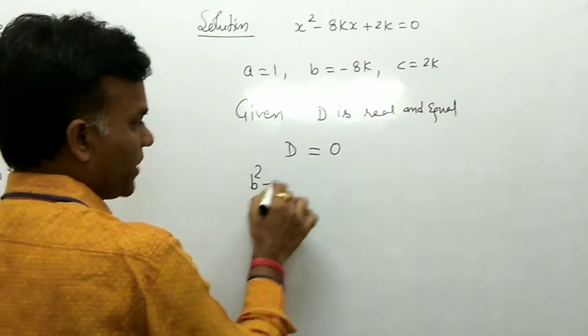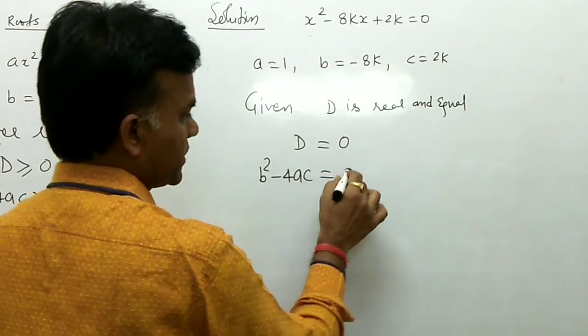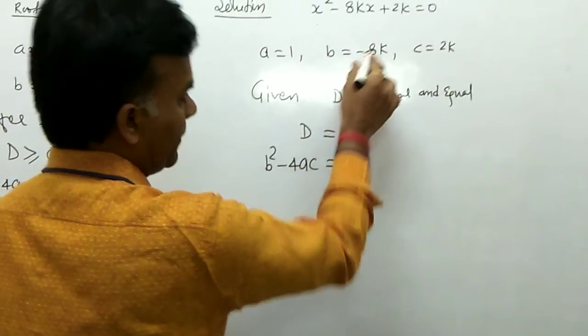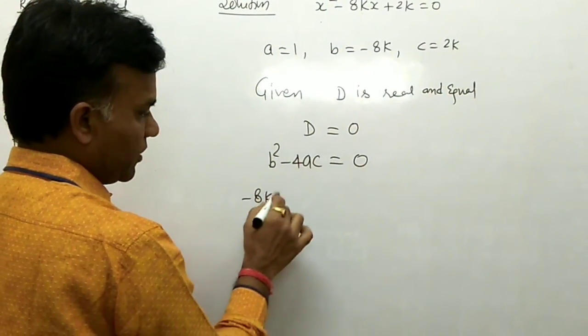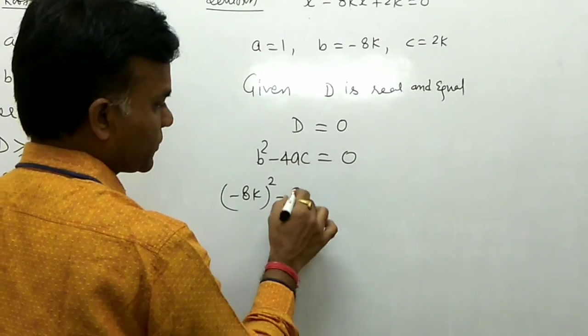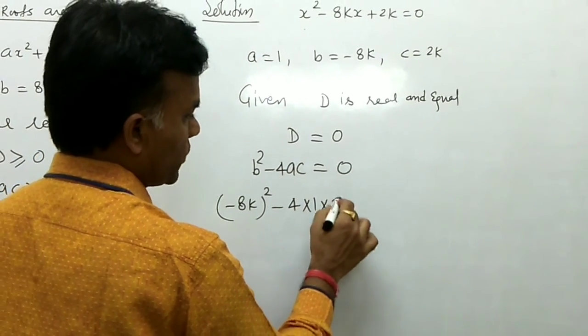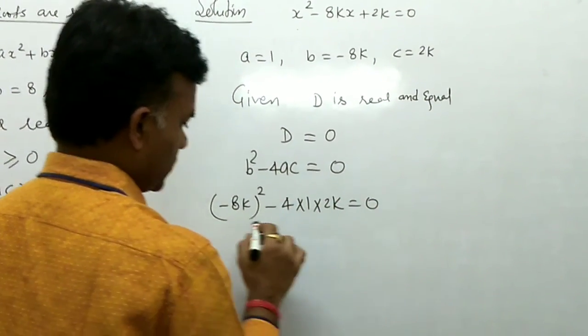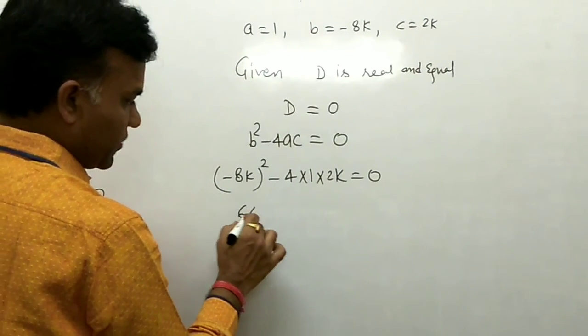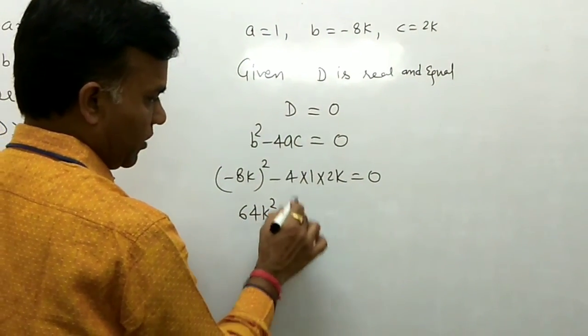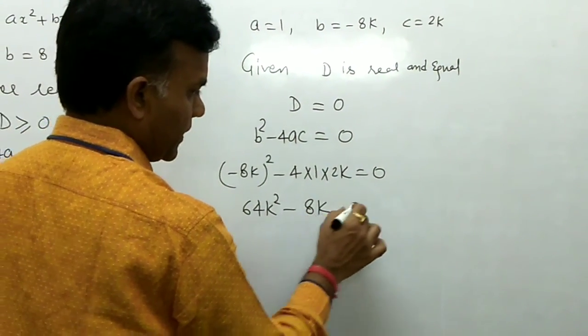D equal to 0 means b square minus 4ac equal to 0. Substituting the value of b, minus 8k, minus 4 into 1 into 2k equal to 0. So 8k square is 64k square, and minus 8k equal to 0.